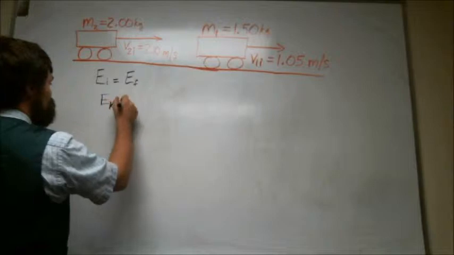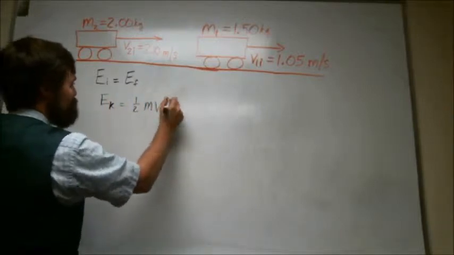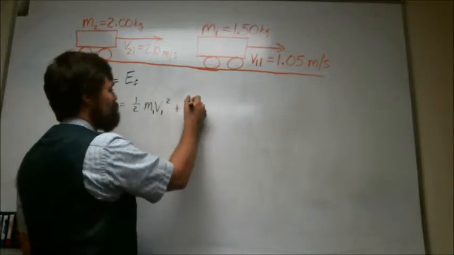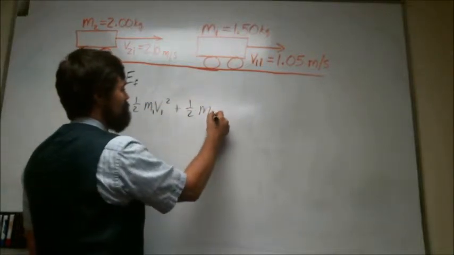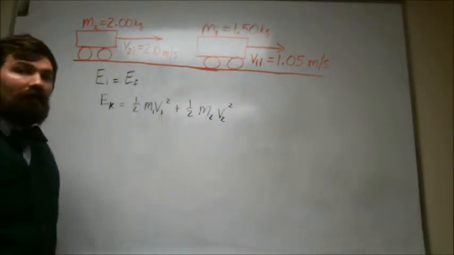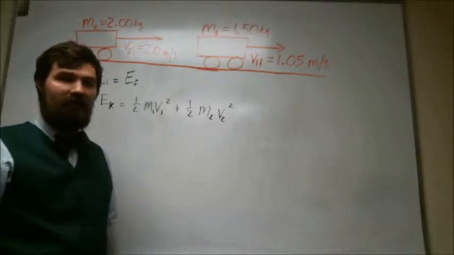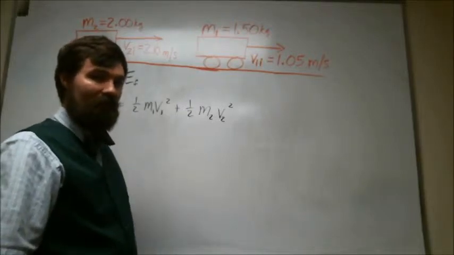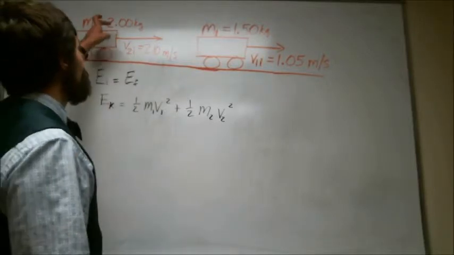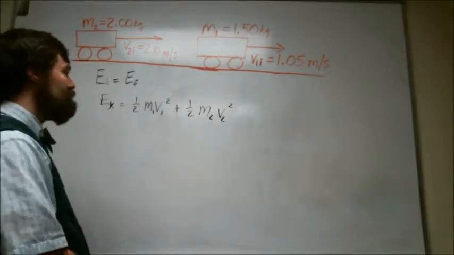Kinetic energy in general is going to be 1/2 mv squared of cart 1 plus 1/2 mv squared of cart 2. So we can actually calculate what the energy needs to be for the initial and the final condition, because we have both masses and both speeds initially.